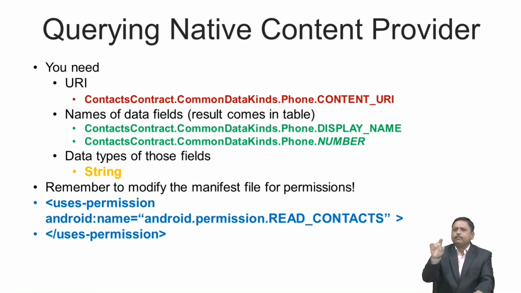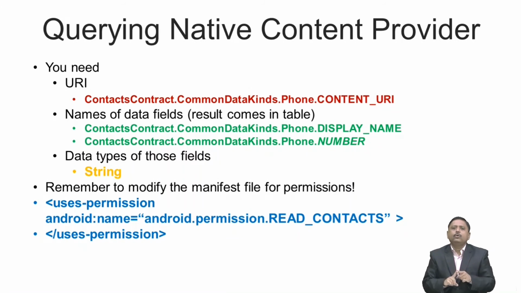So, the names of the columns stored in the contacts table are ContactsContract.CommonDataKinds.Phone.DISPLAY_NAME. This constant refers to the column name, and ContactsContract.CommonDataKinds.Phone.NUMBER refers to the column that stores the phone number.